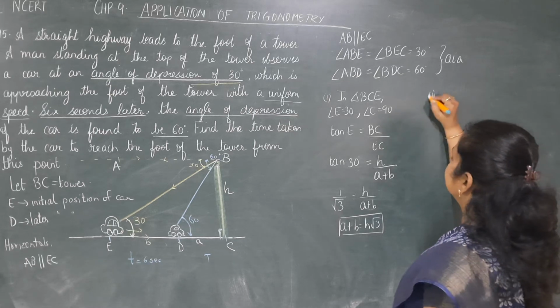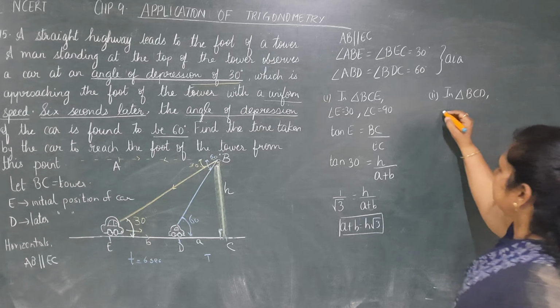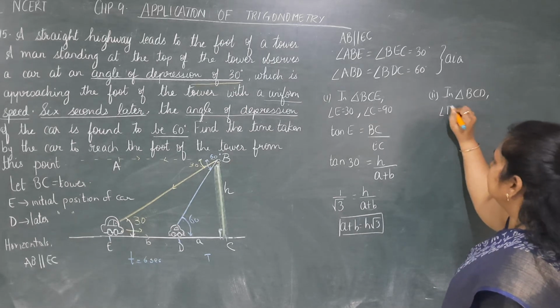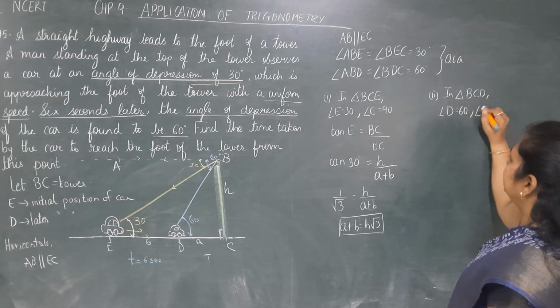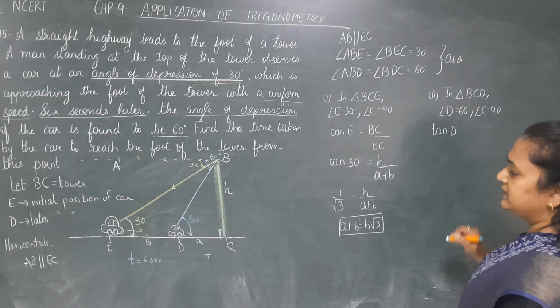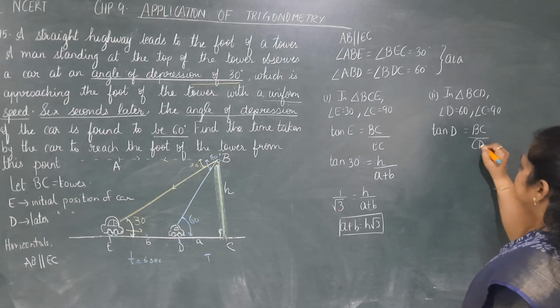The second triangle is BCD. We know that angle B is 60, angle C is 90. So this time we go with tan D. Tan of angle D is the opposite side BC upon the adjacent side CD.